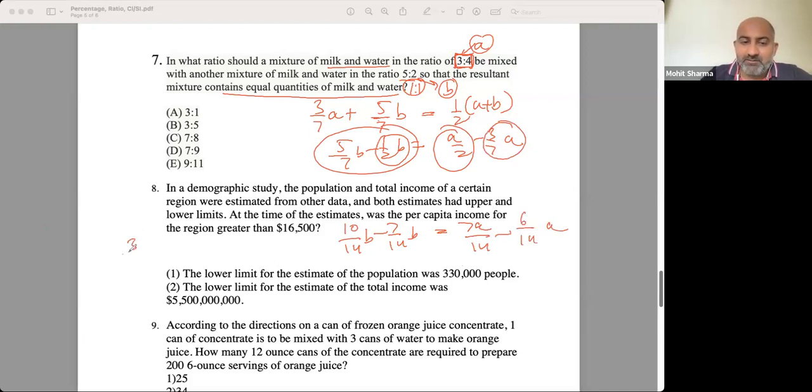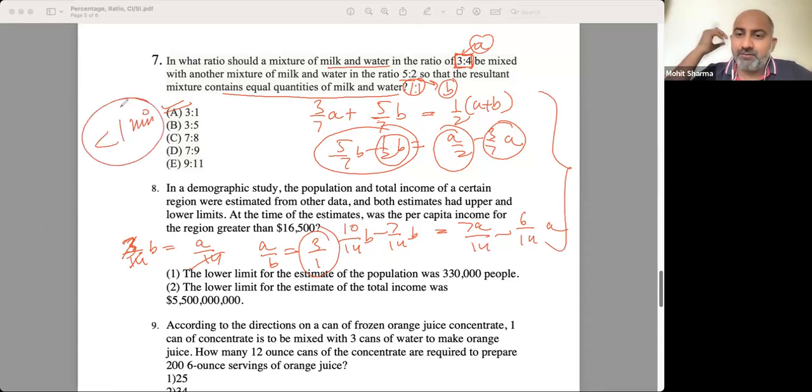Right? So 3 by 14B is equal to A by 14. So A upon B would be equal to 3:1. That's it. Now, if you see, it'll take less than 1 minute, once you get a hang of what exactly we need to do.